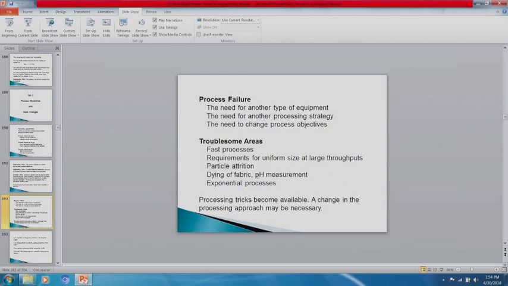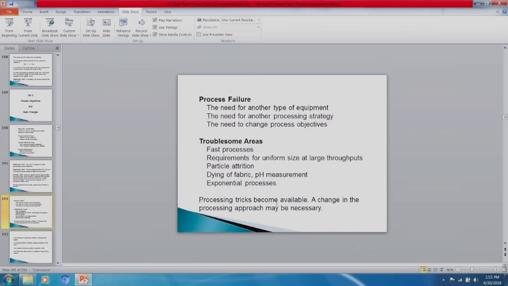Particle attrition is a very interesting subject. Whenever you have particles, they're going to abrade each other. Anything nonlinear, pH measurements are notorious in mixing. Coloring or dyeing fabric is a problem. Any processes that are exponential will cause you problems.